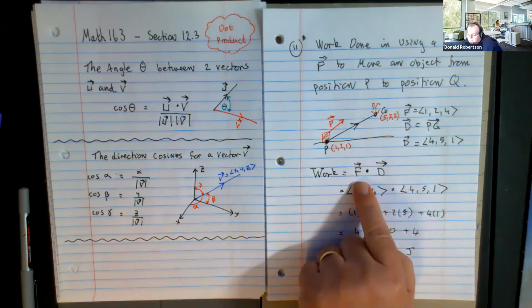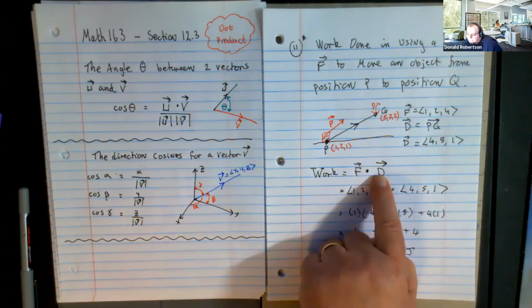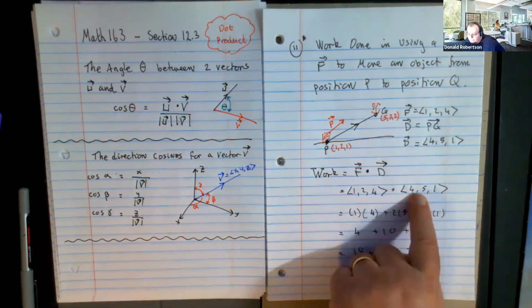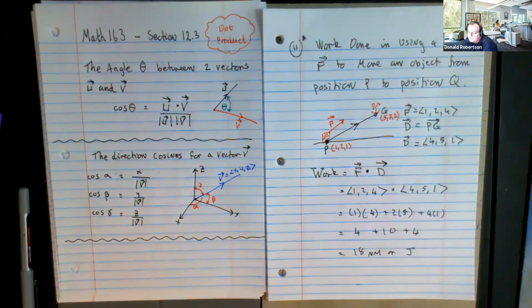You get a force function, vector. You're moving it from one place to the other, which is what D is. The dot product of those two is your work done. So we can now calculate work done in 3 dimensions. All I need to know is a vector for the force F and a vector from the start to the finish position, and we are done.